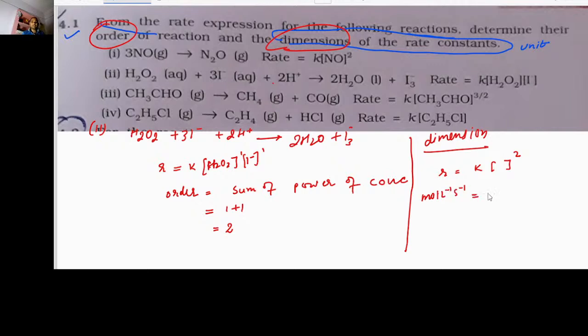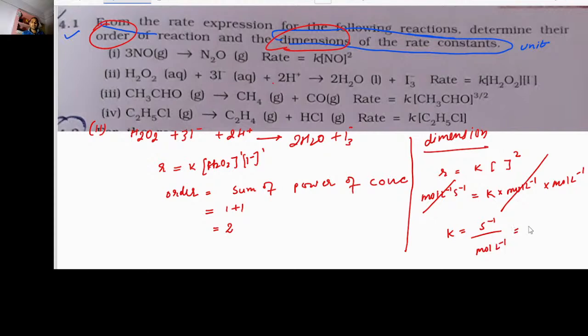Here is K as it is. This is concentration squared. Concentration is mole per liter, squared, so you can write again mole per liter. Now this mole per liter and mole per liter will be cancelled out. So K is equal to, here second inverse is there, remaining you are sending to the left side, student. So it will go in the denominator, mole per liter.